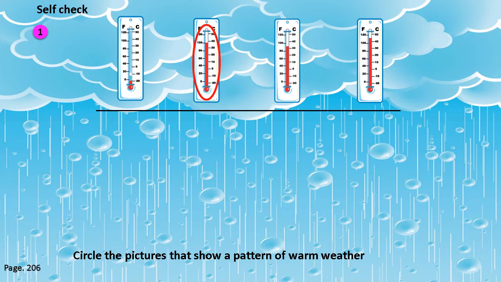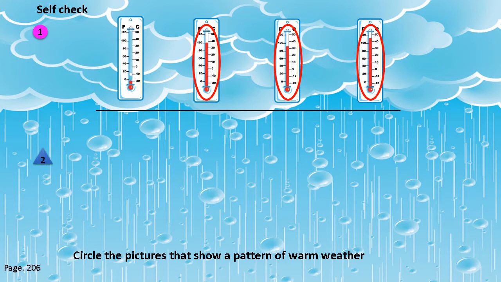Let's circle the 2nd, 3rd, and 4th thermometers. Do you remember how a pattern is something that repeats over and over? Well, the 3 thermometers that we've circled on the right show warm temperatures, and this is a pattern.